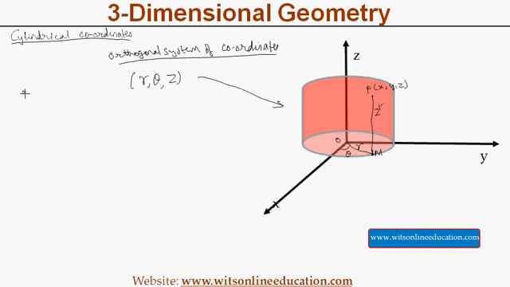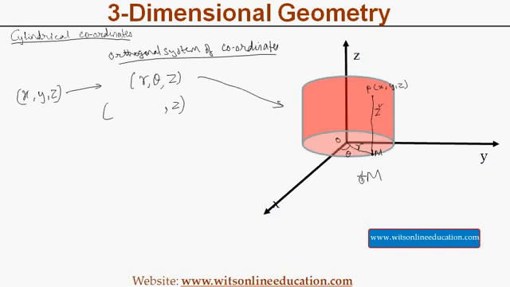Let us see, if we are given x, y, z, how we can find its cylindrical coordinates. We see that the z coordinate will be simply the value of z. Now we are required to find r and theta. r is the length of OM.